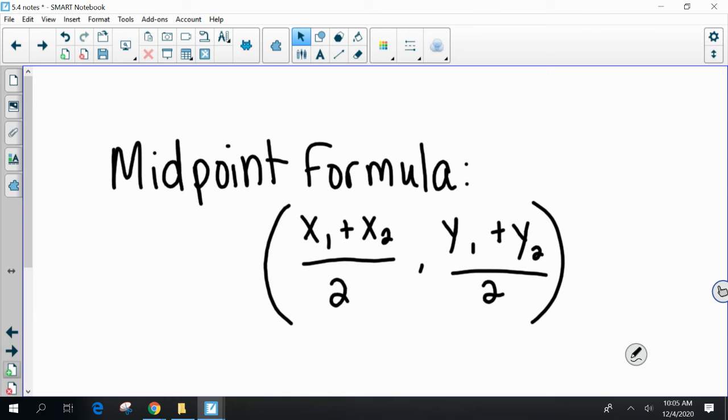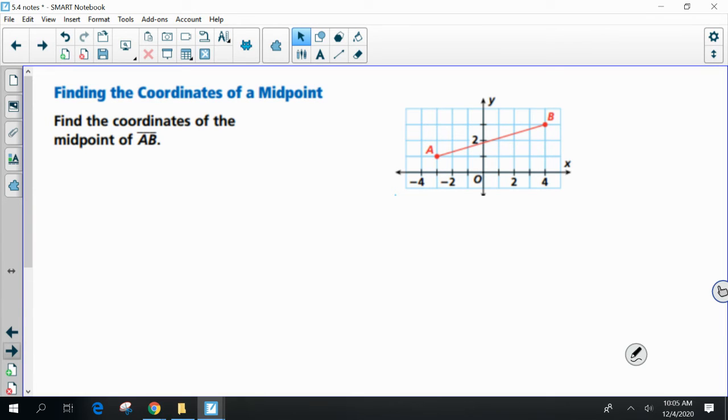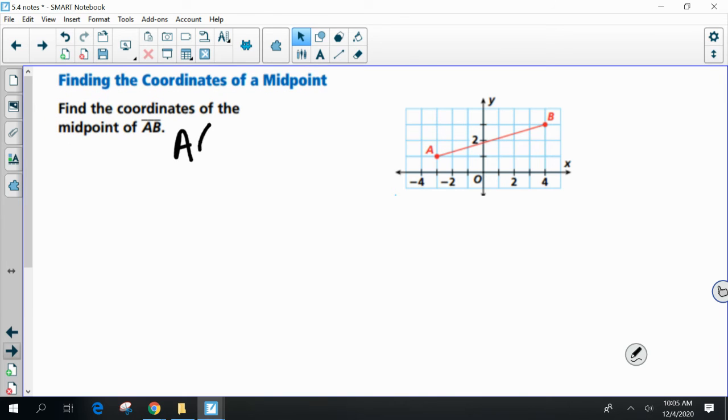Okay, so for the first problem, we are finding the coordinates of the midpoint between point A and point B. So first we need to write down what the coordinates are. So A is -3, 1, and B is 4, 3.